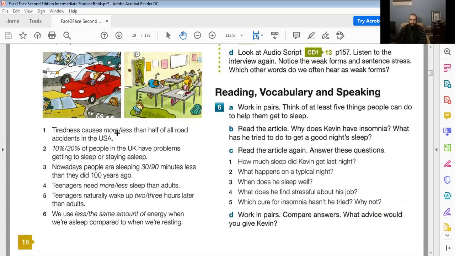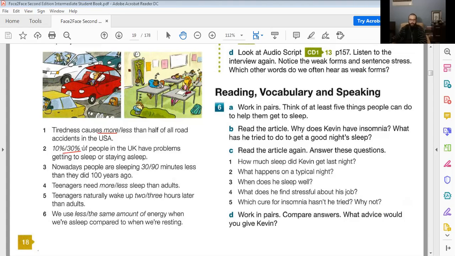Okay. And number 2, Sana. 10% or 30% of people in the UK have a problem getting to sleep or staying asleep. Is it 10 or is it 30 in your opinion? I think maybe 30.